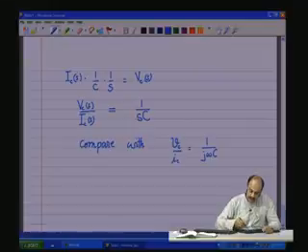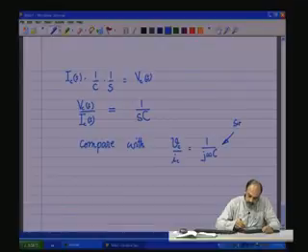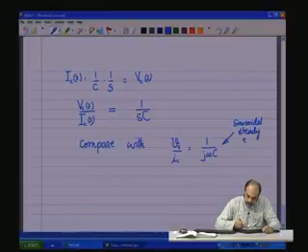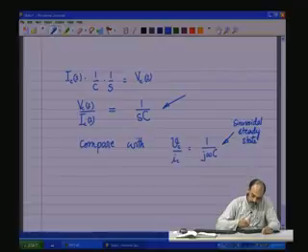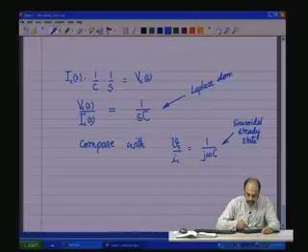This is for the sinusoidal steady state condition. This we had obtained for the sinusoidal steady state. And this is the Laplace domain or the pole-zero domain.